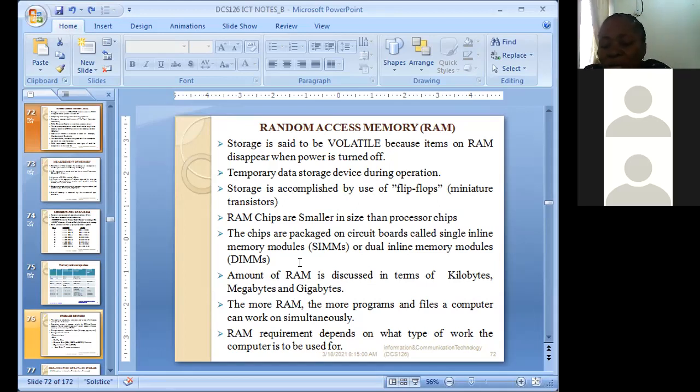Now, I want to explain in detail. Even if I don't read down this, you can read by yourself. Remember I told you to visualize internal memory as a storage box divided into two parts.